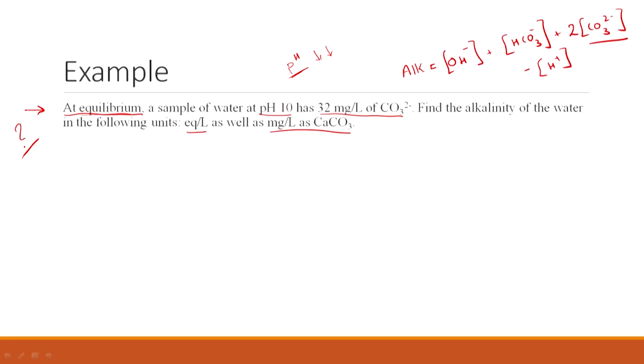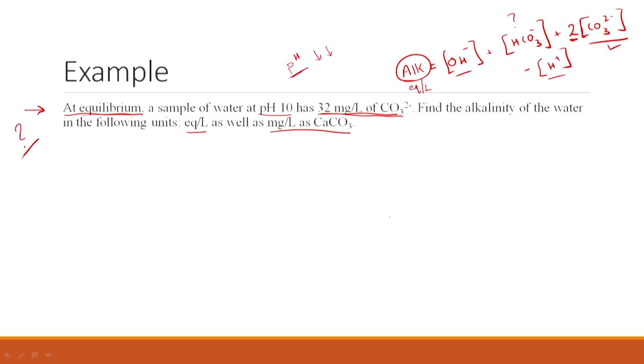So from pH 10 you can calculate OH minus and H plus, and you already have the concentration of CO3 2 minus, right? But you need the concentration of HCO3 minus to be able to calculate alkalinity. How do you get that? Obviously these are molar units, and with the 2 we are getting the units in terms of equivalents per liter, in terms of neutralizing H plus.